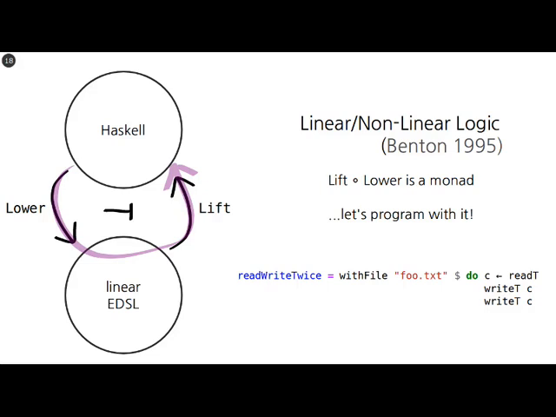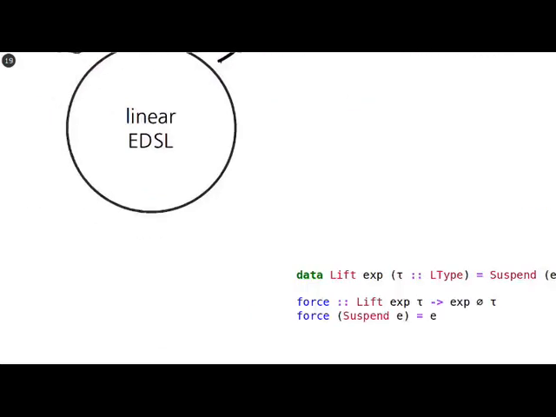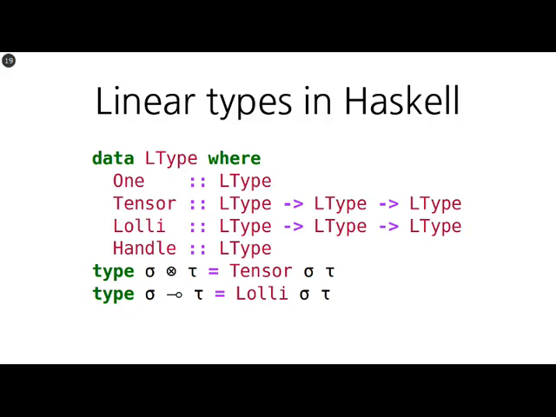So let's take a look at our linear EDSL. Okay. So the strategy, we're going to start off by defining some linear types, right? And so here tensor is the linear product, and lolly is the linear function type. And then we'll have maybe some file handles and some unit or something like that.